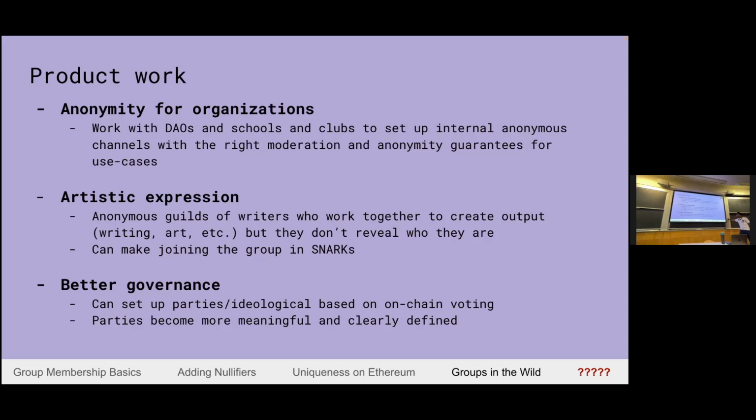Cool. Okay. Just to add on to that a little bit, I think it'll take a while before our actual U.S. Congress ever uses some of this tech, getting some 60-year-old white men to learn how to use the ZK programs. Not looking reasonable anytime soon. But there's lots of local governments who are really willing to try these new experimental things, and a lot of this work is we just need a lot of folks to be on the ground and to be working with different people to get this stuff used.